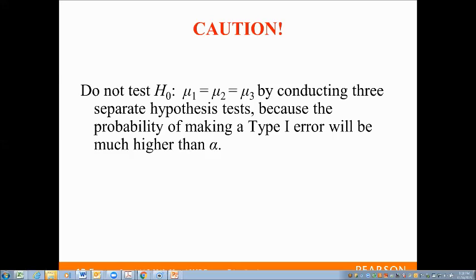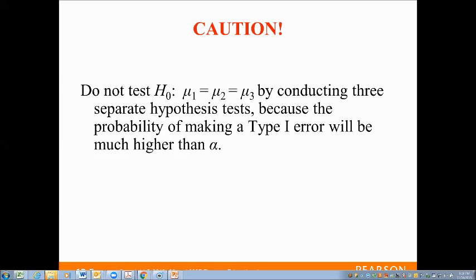For example, let's say, as an illustration, I have a 5% chance of making an error on one test each time I run the test. Well, if I run that test 20 times, I'm almost certain that at least one of those has had an error in it.